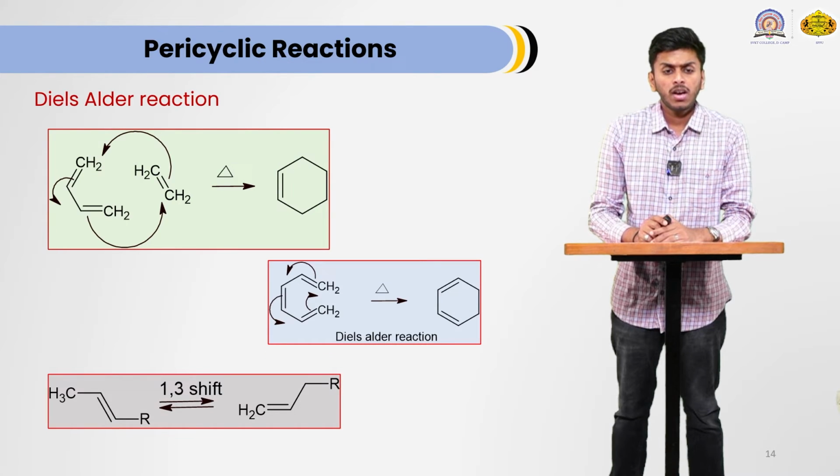Here, a diene, a species containing 2 double bonds, and a dienophile, a species containing 1 double bond, undergo reaction in presence of heat, giving us substituted or unsubstituted cyclohexene as the final product. Here are examples of a Diels-Alder reaction.